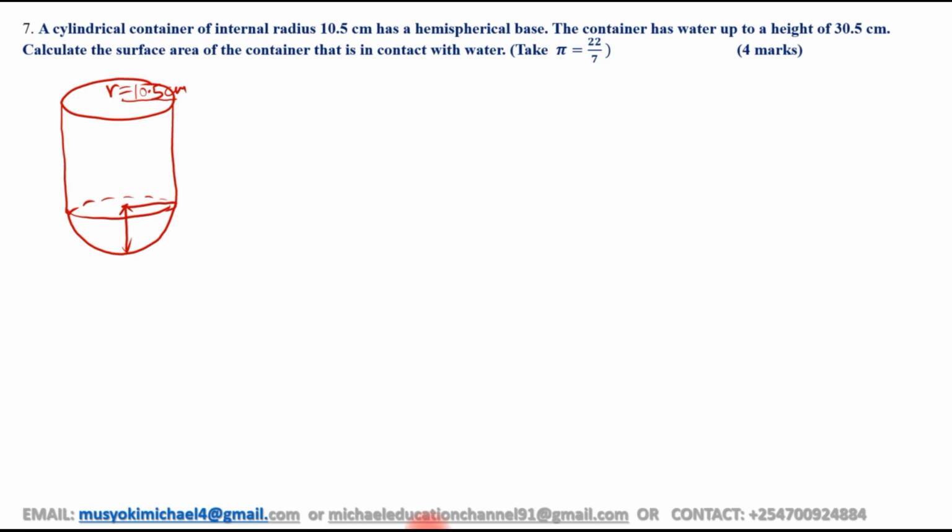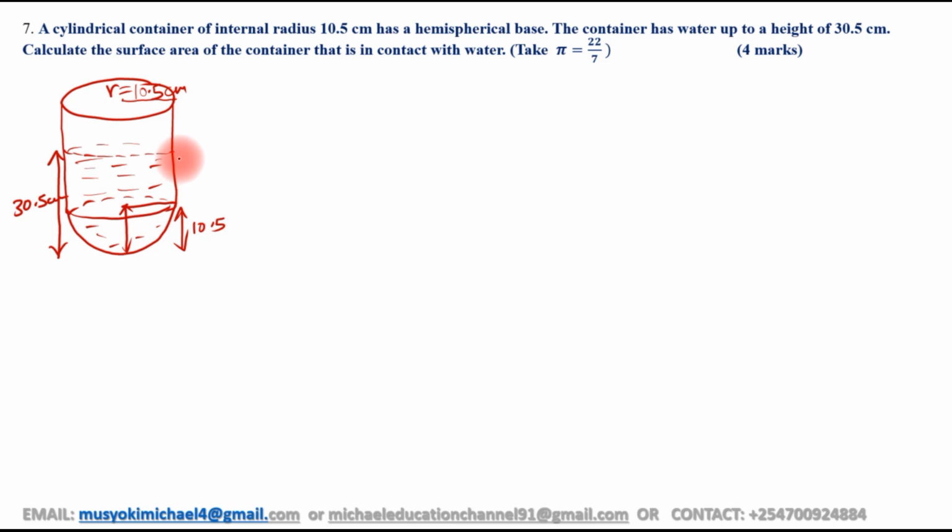Now, remember, it has a hemispherical base, and the water is up to a height of 30.5 centimeter, so that also includes the height of the radius of that base, which is 10.5.